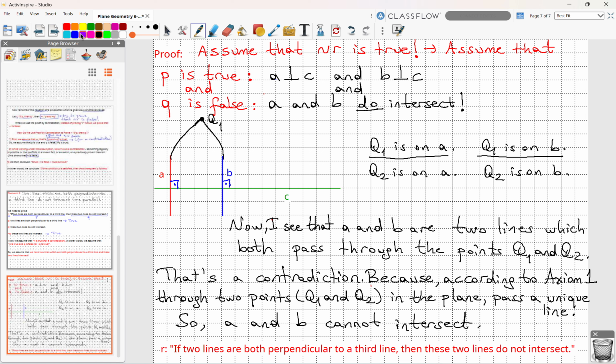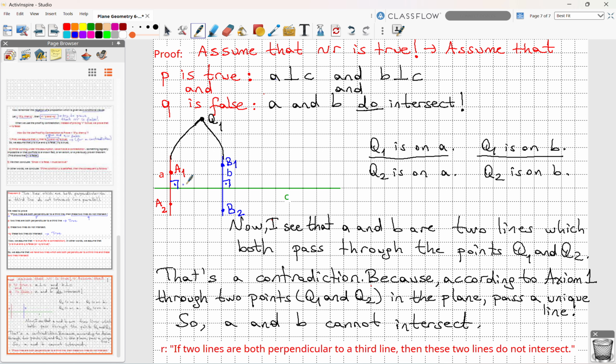Now if you assume that this figure is on a flat paper, and if you fold this paper along the line C, for example, any point on line A here, like A1, will fall onto a point like A2 here. And similarly, any point on line B, like point B1 here, will fall onto a point like B2 here.